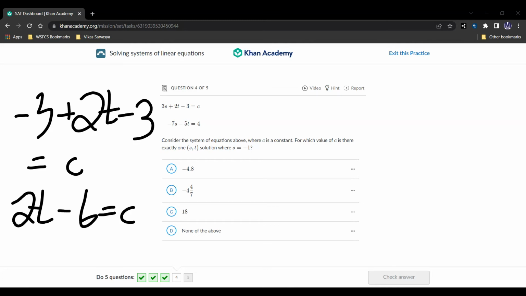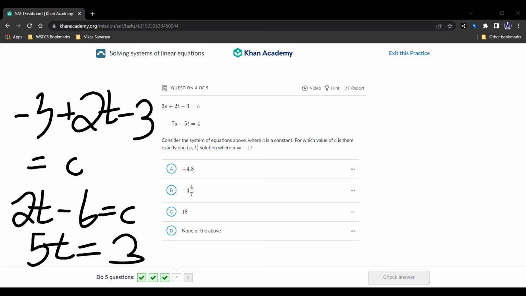All right. The other side, we get that 7 minus 5t equals 4. So that means that the 5t is going to equal 3. All right. Well, if 5t equals 3, then 3 equals 5t, right?